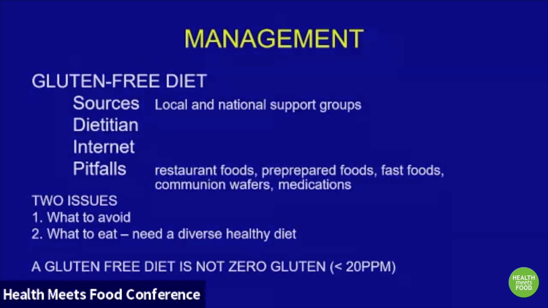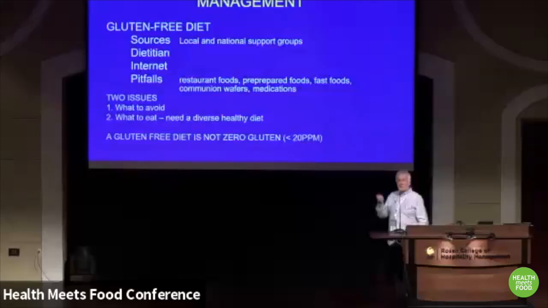Gluten contamination occurs when people buy gluten-free food. The contamination occurs mainly with the evening meal and not with breakfast or lunch, and it occurs with mainly pasta and pizza. But that's because the kitchen's getting very busy, I think, and while they may care, they're not all that good. Communion wafers, and then there is the issue of medications.